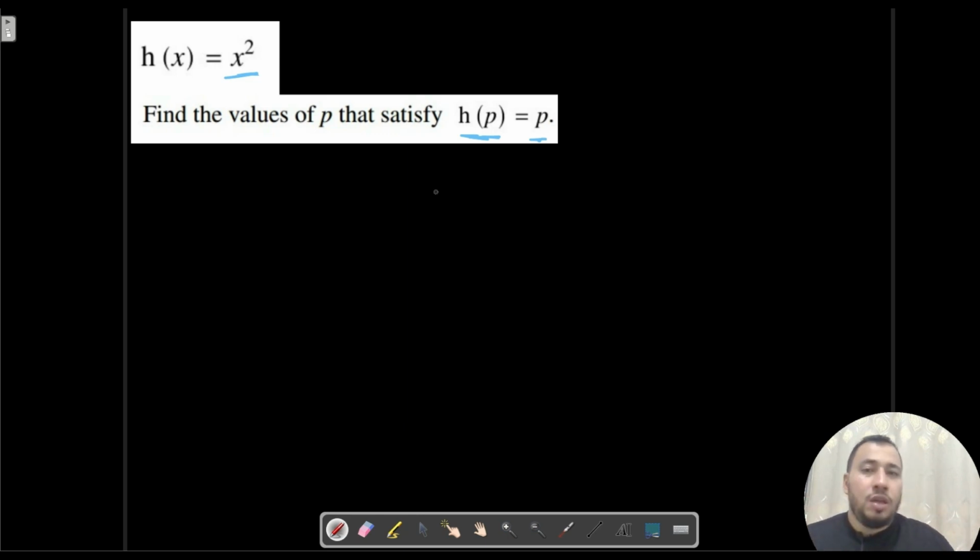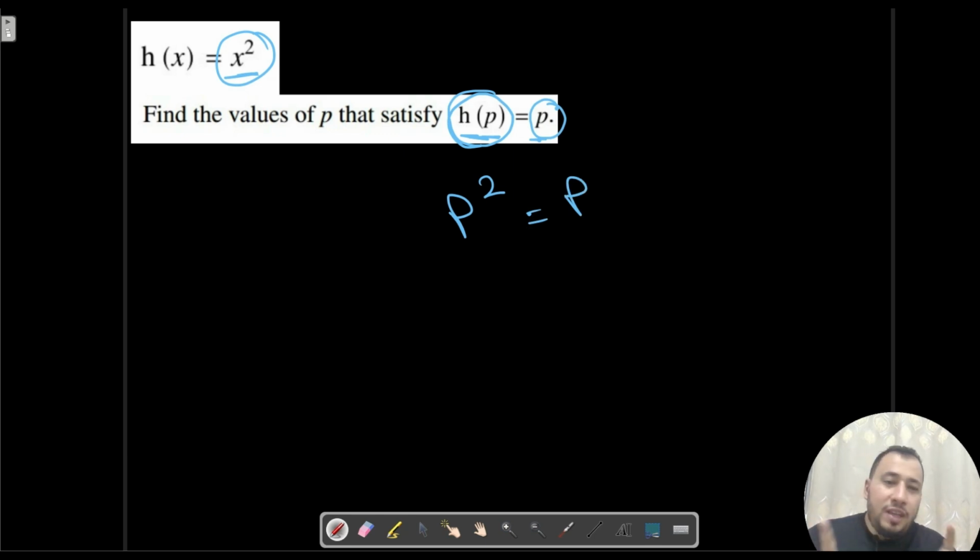H of p means I have to substitute x with p. So this is going to be p squared, instead of x squared. So p squared equals p. So the question is what? And pay attention to that. Find the values, which means you may have more than one answer.